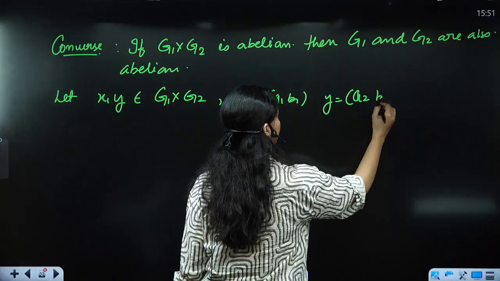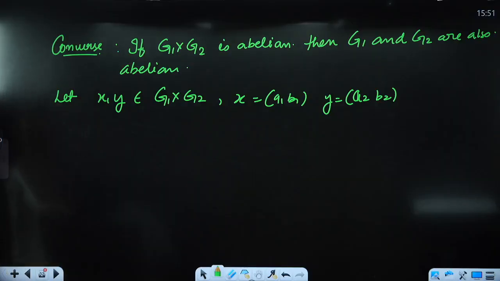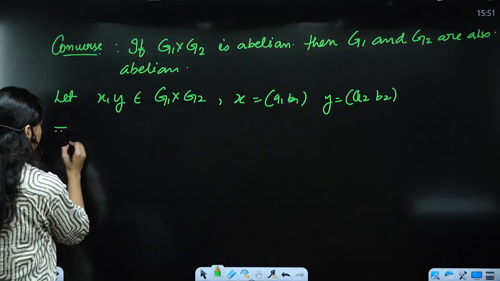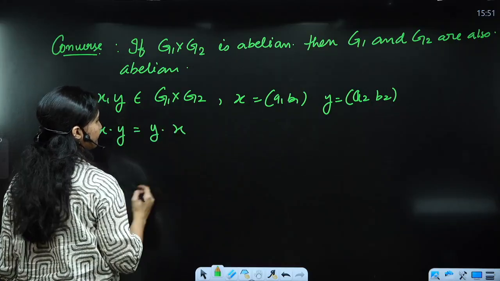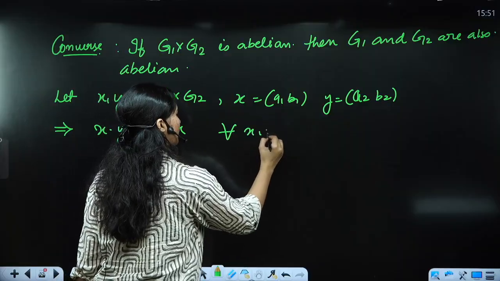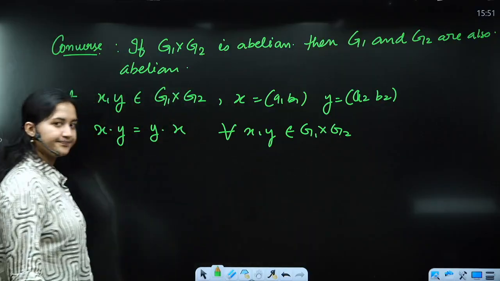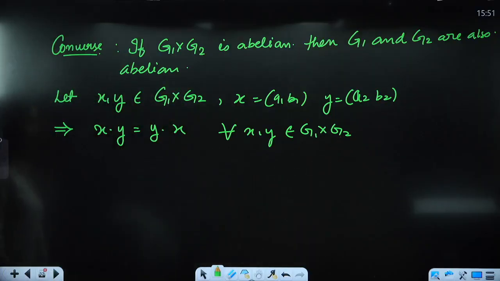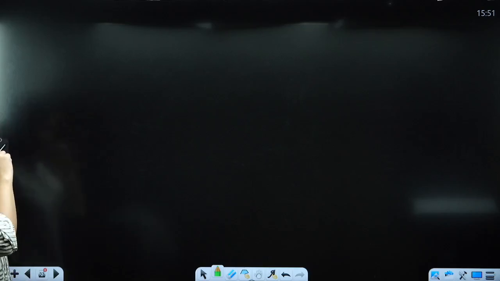Now since G1 cross G2 is abelian, this implies that x dot y equals y dot x for all x, y belongs to G1 cross G2, right? This is the property of abelian. Here we have assumed that G1 cross G2 is abelian, right?